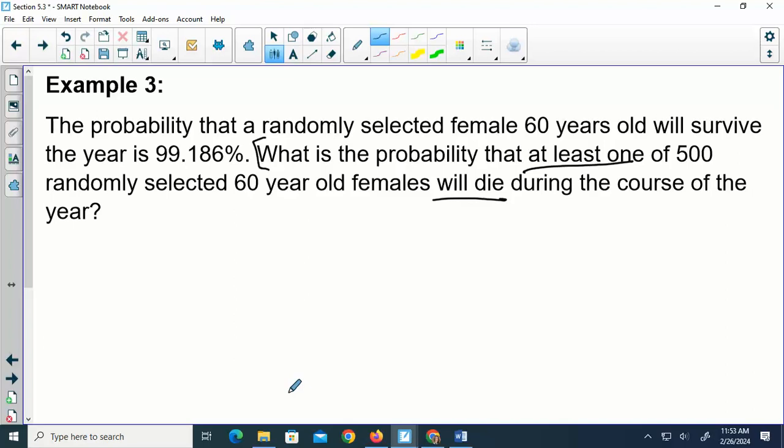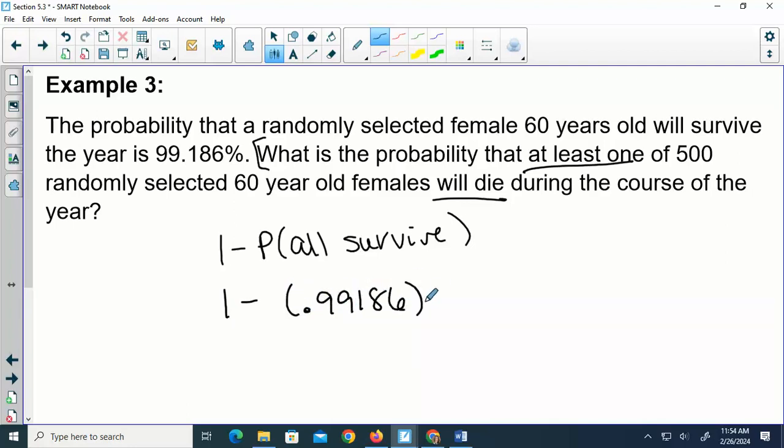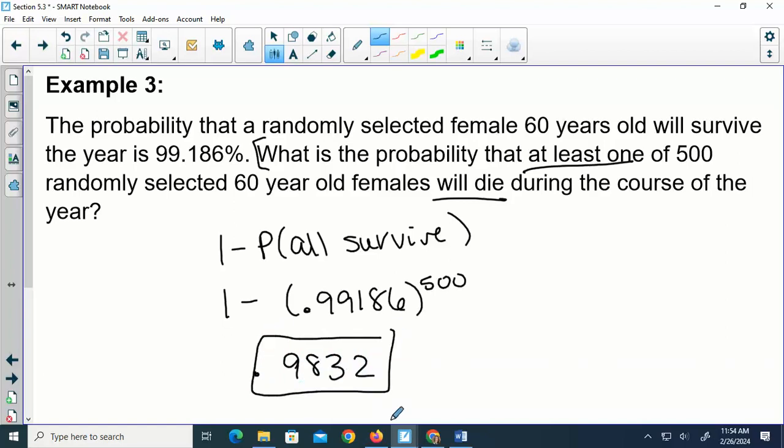So all we have to do here is 1 minus the probability that they all survive. So to find them all surviving, 0.99186, and there are 500 of them. So there's a 98.32% chance that somebody will not survive the year.